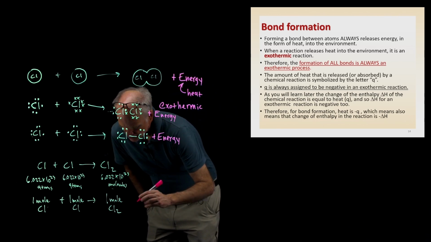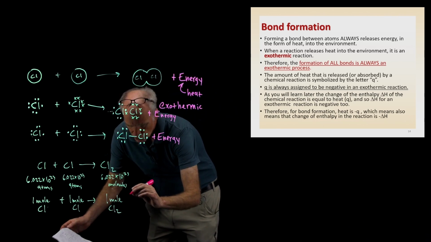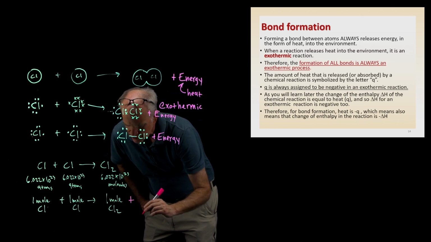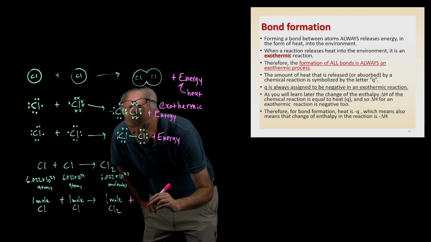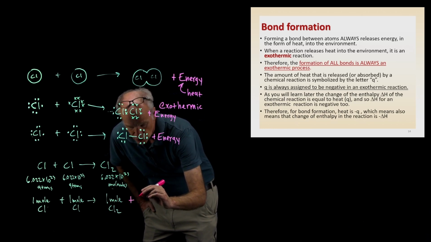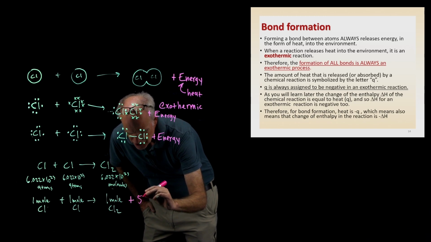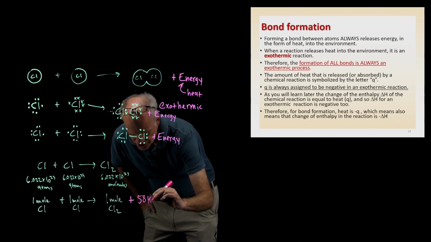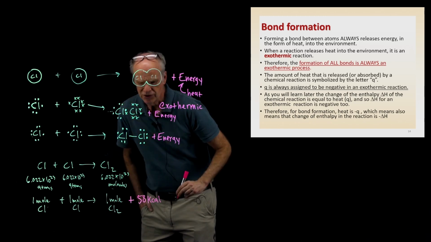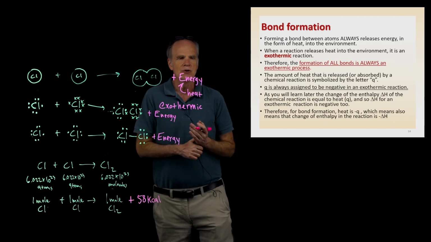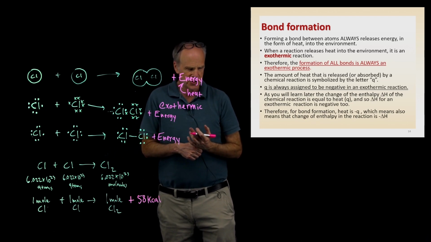So let me write that here. When you bring 1 mole of chlorine and another mole of chlorine together to form 1 mole of the molecule, you're going to get 58 kilocalories of energy released. Okay, so now I need to introduce some terms.